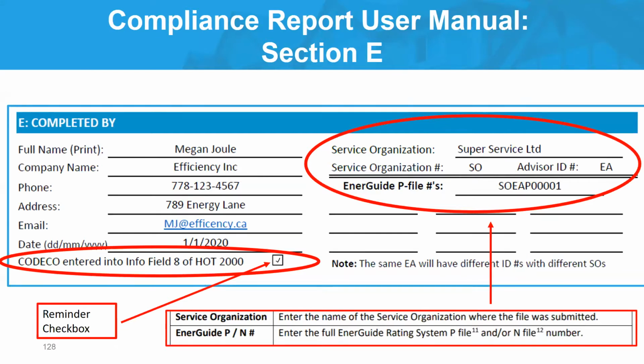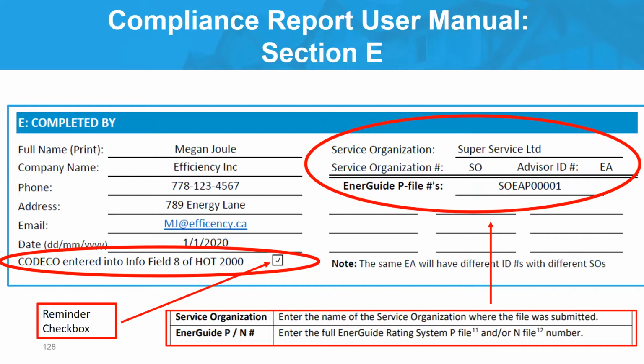In this particular section, if you're an EnerGuide Rating System energy advisor, and only if the file was submitted to the service organization and then submitted to NRCan, should there be an EnerGuide file number listed here. If this file was done in HOT2000 and not submitted to the service organization, then that information should not be included there.